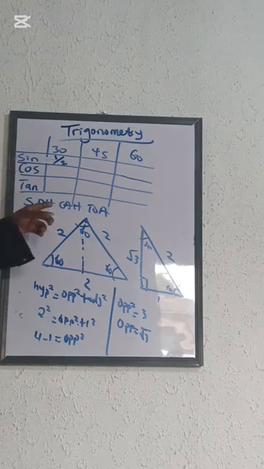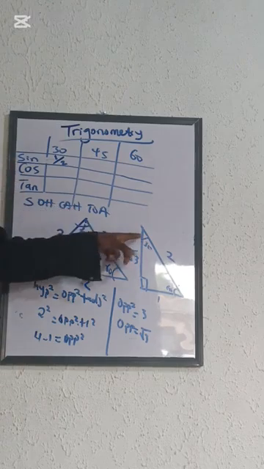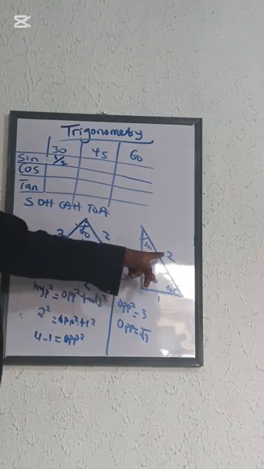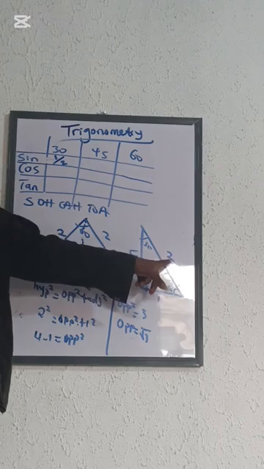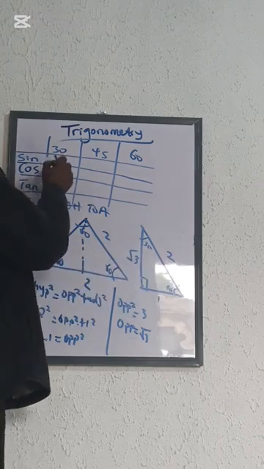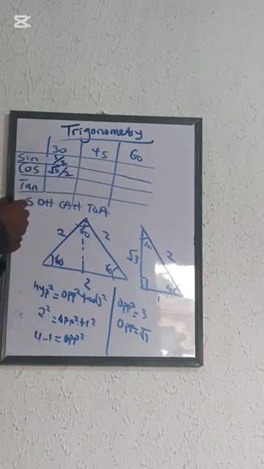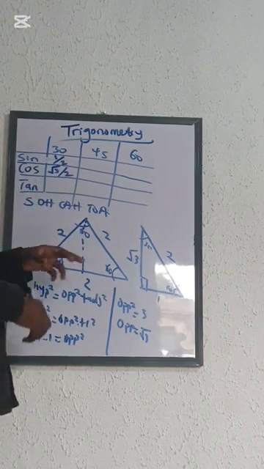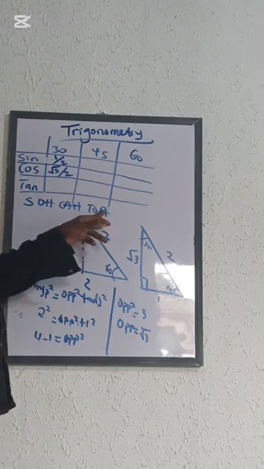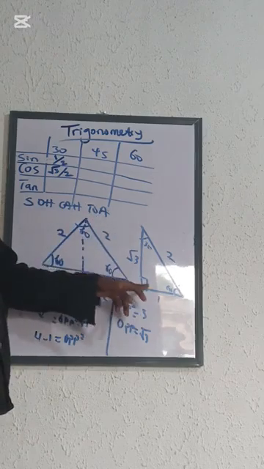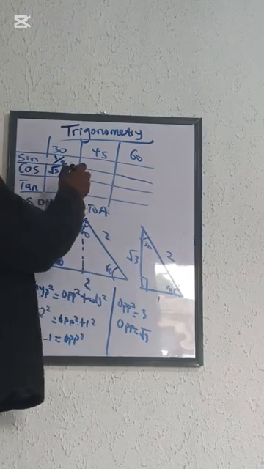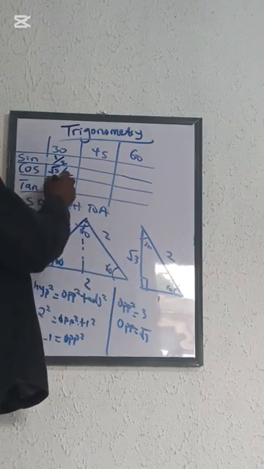Let's go to cos: adjacent over hypotenuse. For 30, this is root 3 over 2. Then our tan: opposite over adjacent, 1 over root 3.